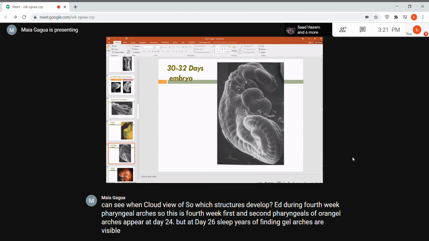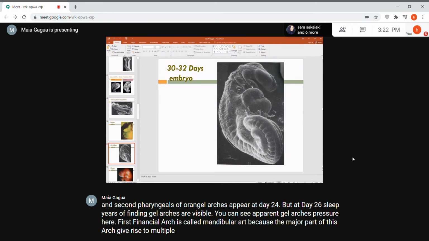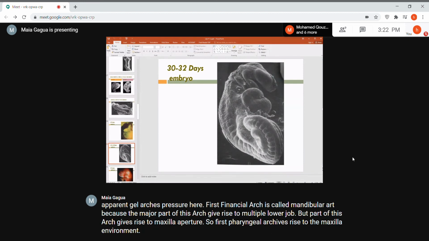You can see pharyngeal arches better here. First pharyngeal arch is called mandibular arch because the major part of this arch gives rise to mandible, lower jaw. But part of this arch gives rise to maxilla, upper jaw. So first pharyngeal arch gives rise to the maxilla and mandible.